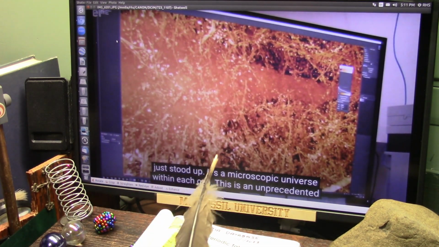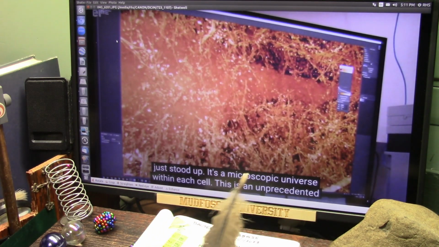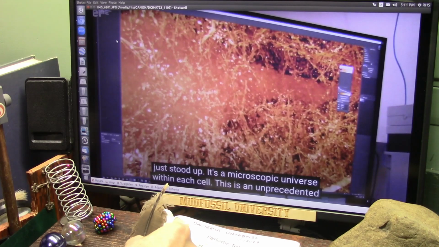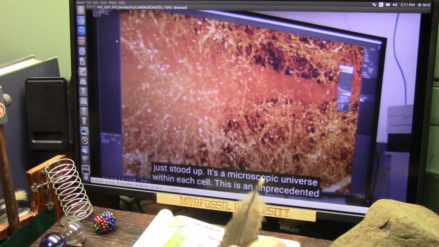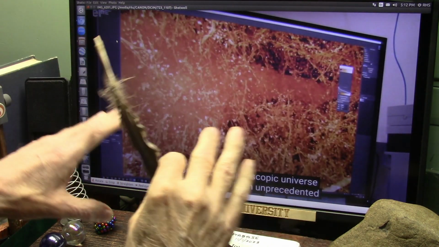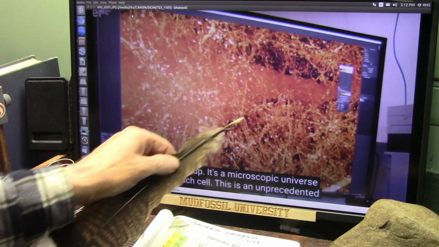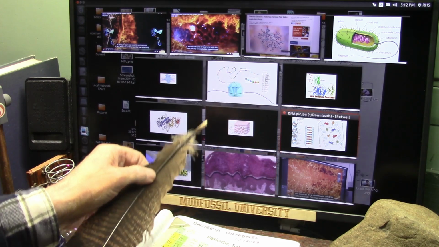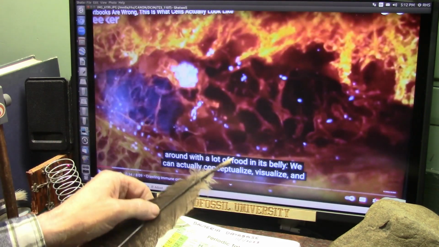Gokal was showing this in a video, and he said the hair on his arm stood up. It's a microscopic universe within each cell. This is an unprecedented view of, I believe, the interstitium, and in here are your little immune cells, and here they are right here.